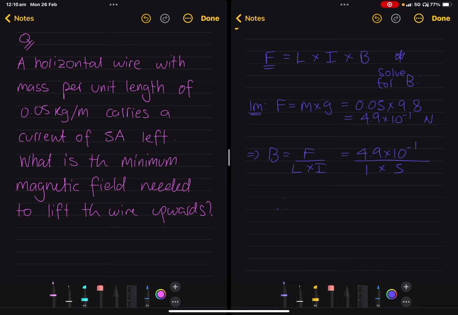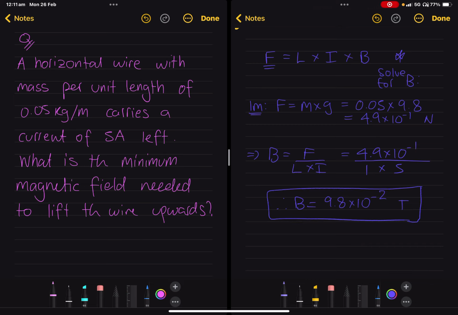So if we put this in our calculator, this is going to decimally approximate this number for us. So we'll get 4.9 times 10 to the minus 1 divided by 5. My calculator tells me that is 9.8 times 10 to the minus 2, and that should be in Teslas.